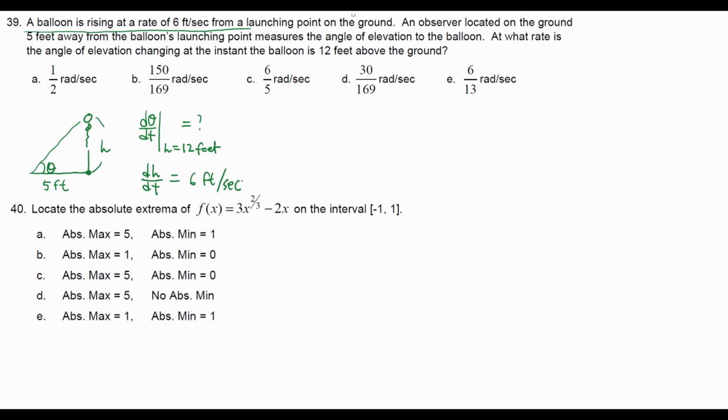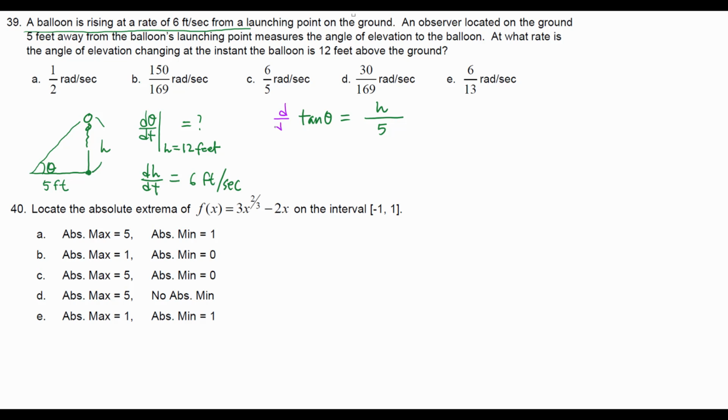Yes, that will be tangent theta, since you have the adjacent, the opposite and theta. So the equation you want to use is TOA: tangent theta is equal to opposite, which is h, over adjacent, which is 5. So this is the equation you want to use, and you are going to take the derivative with respect to t on both sides.